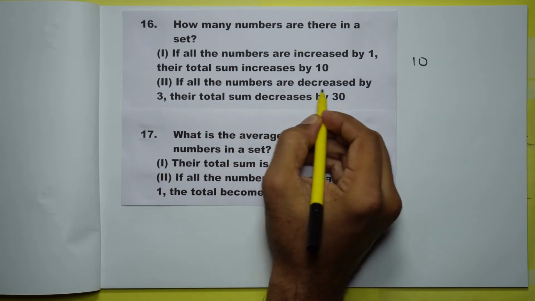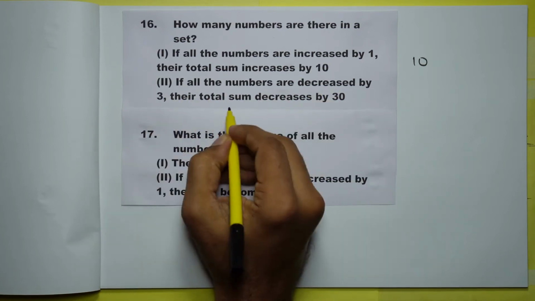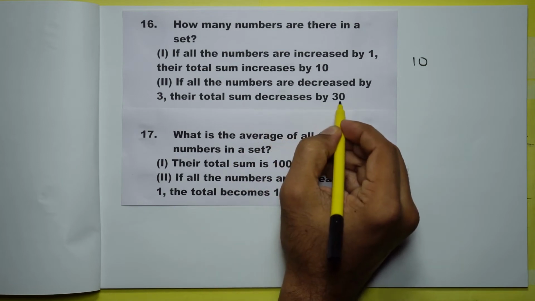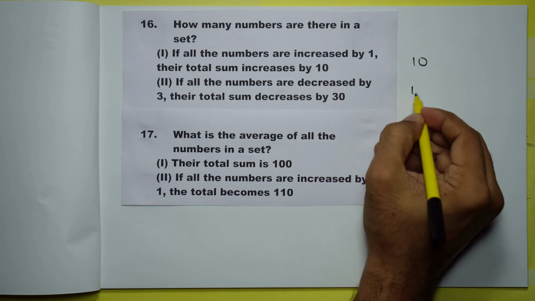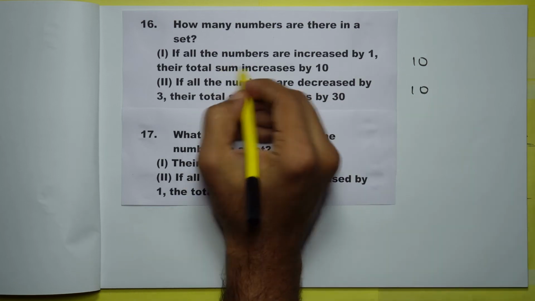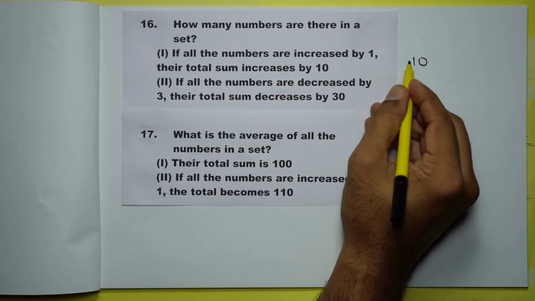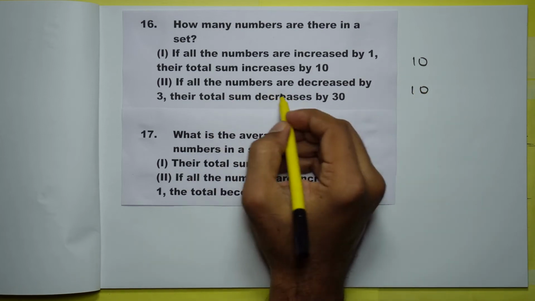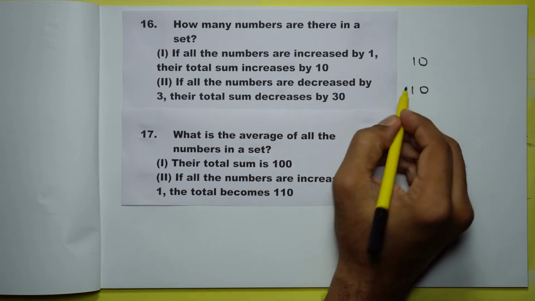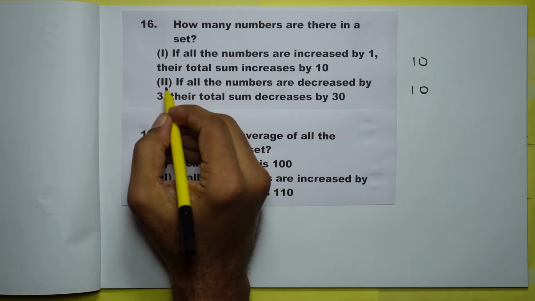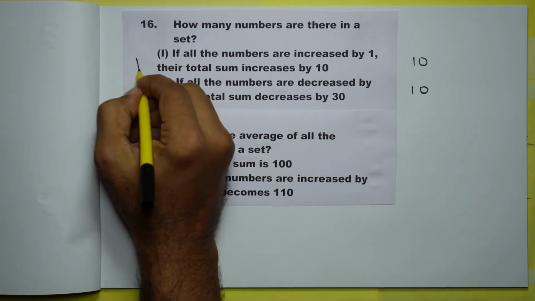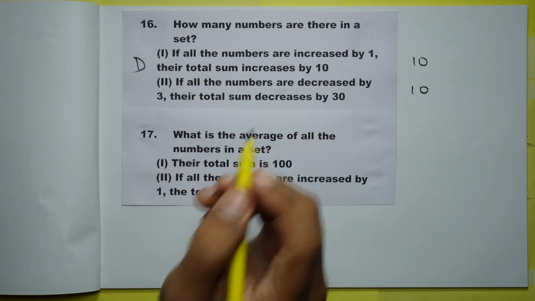If all the numbers are decreased by 3, their total sum decreases by 30. So again clearly indicates that the number of numbers is 10. So first statement alone is sufficient to tell you there are exactly 10 numbers. Second statement alone is also sufficient to tell you there are exactly 10 numbers. So first statement alone will do, second statement alone will do. Hence D is the right answer.